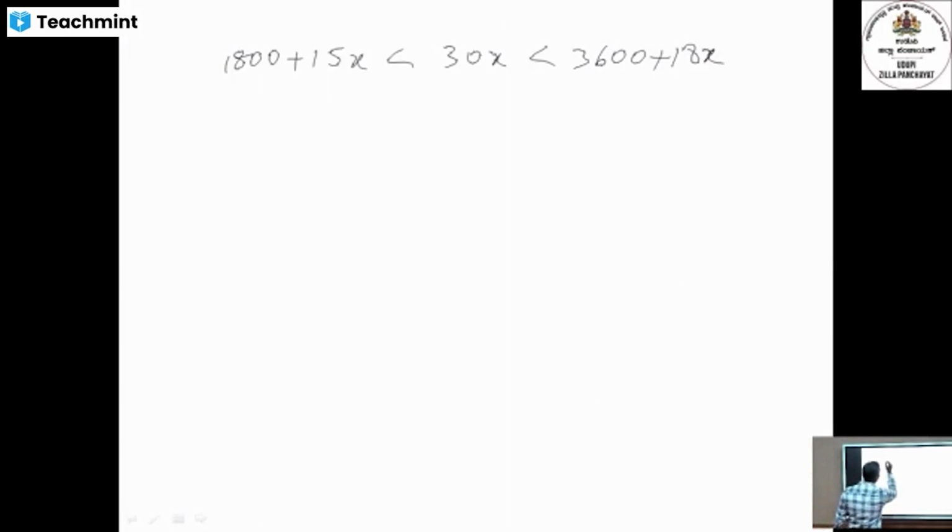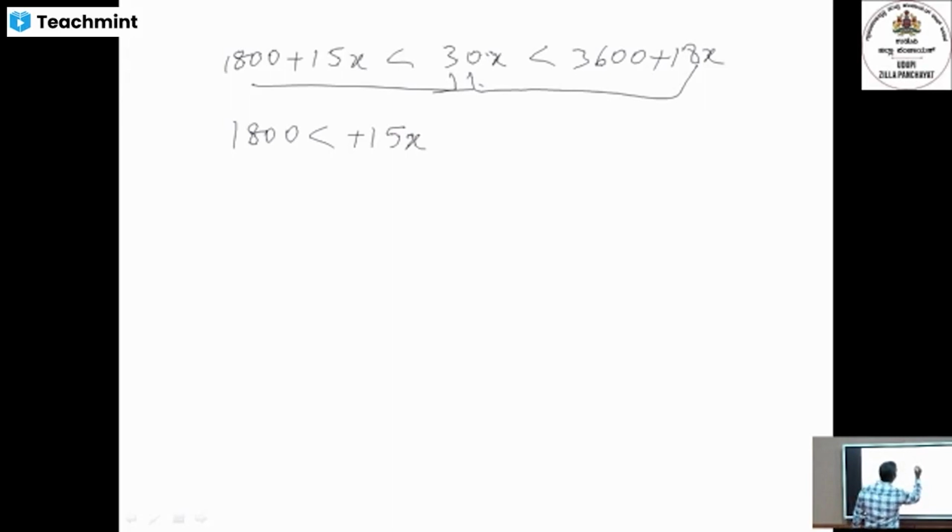Now you simplify this inequality. So this gives you 1,800 less than 30x minus 15x, that is 15x. And the other inequality gives you 30x minus 18x, that is 12x less than 3,600.